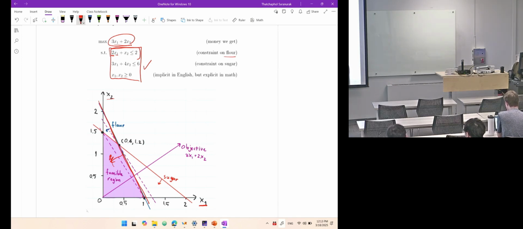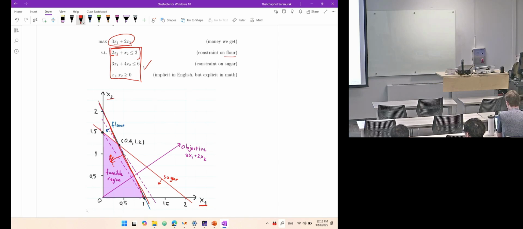If the objective is just x1, what would be the direction of this objective? Just go this way, right? If it's just x2, then it's just go up. But now the objective is like this, so it's kind of in between.